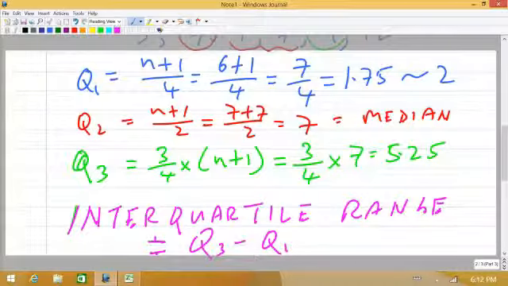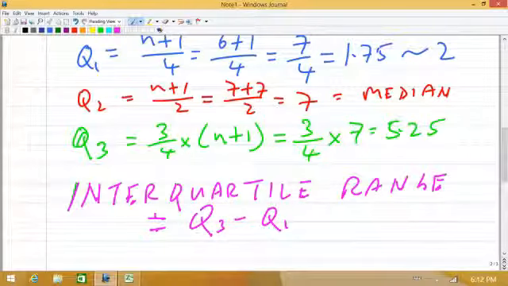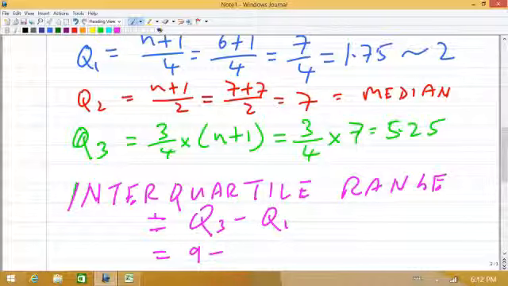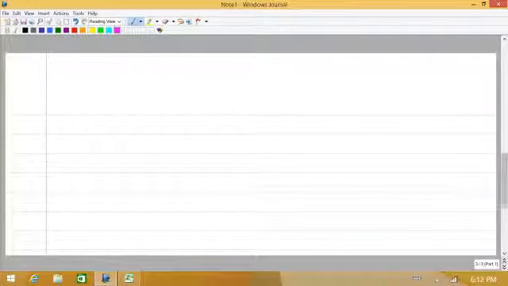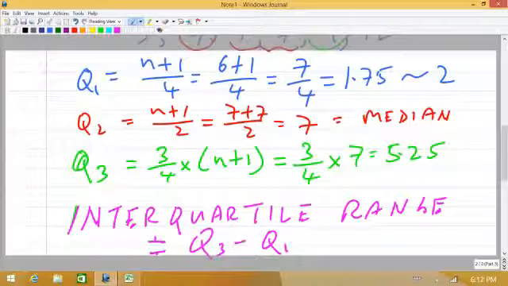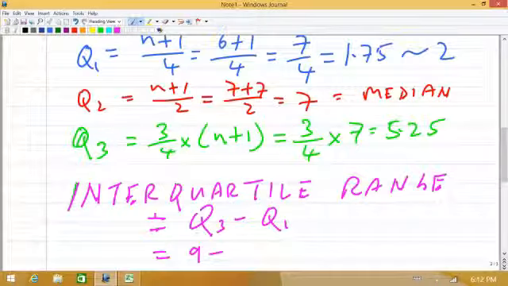I'm sorry, not Q2 but Q1. So in our example, Q3 is 9 and Q1 is 4, so the interquartile range is equal to 5.